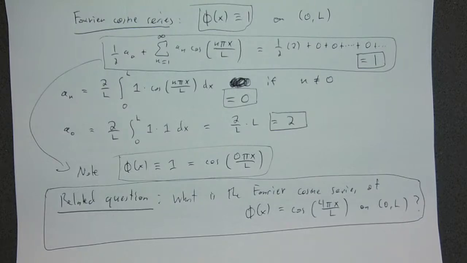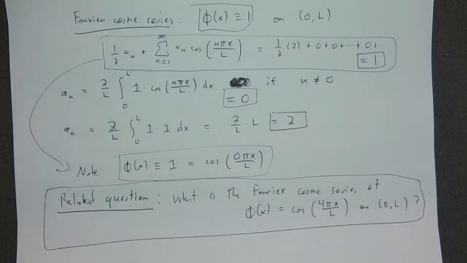Of course, I could make this question a little bit more complicated. I could write this as a sum of finitely many of these cosine n pi x over L terms and ask the same question, and you can figure out what the Fourier cosine series would be in that case.